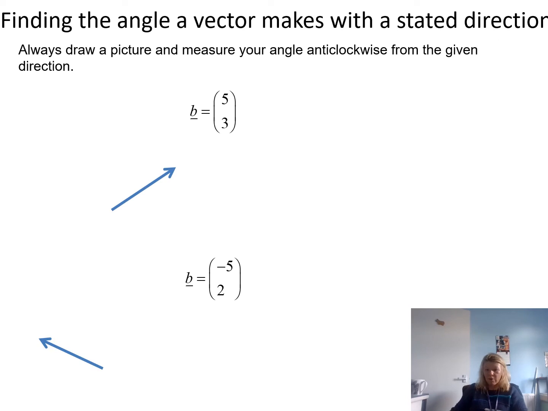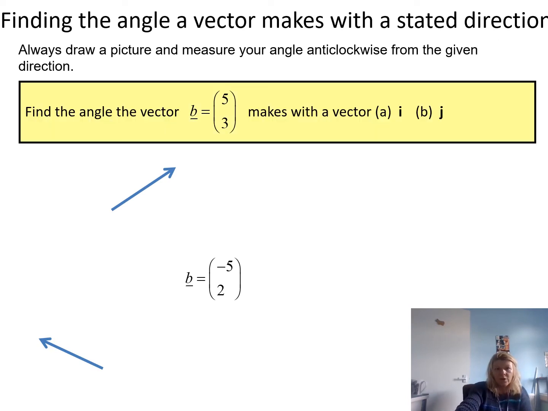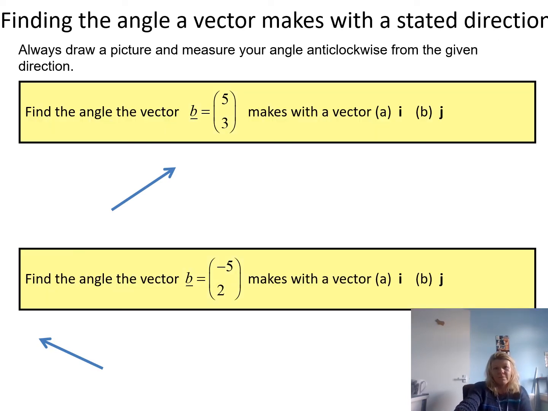Okay, so here we've got to find the angle a vector makes with a stated direction. This brings in what you do in mechanics shortly. So it says, always draw a picture and measure the angle anti-clockwise from the given direction. So this says, find the angle the vector makes with the i and the j axis.